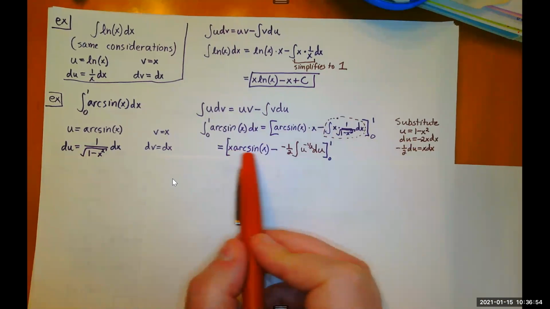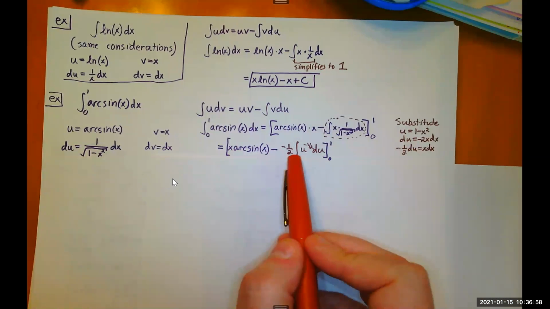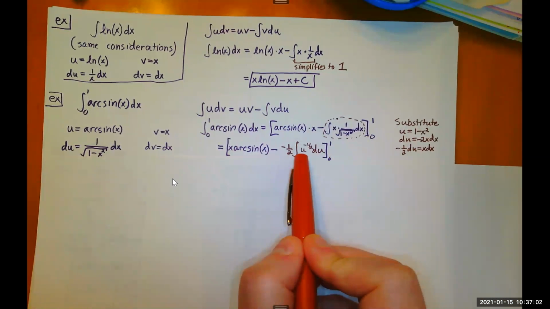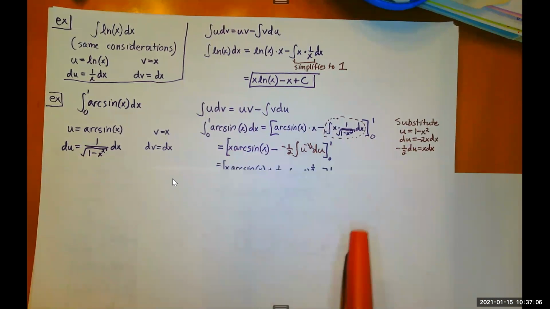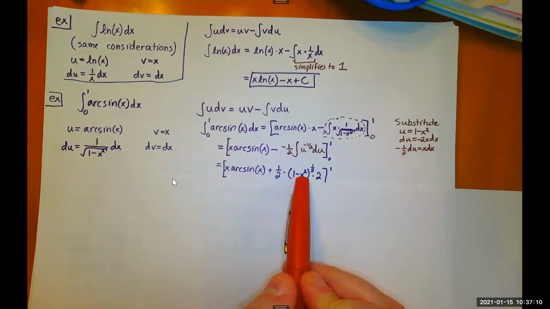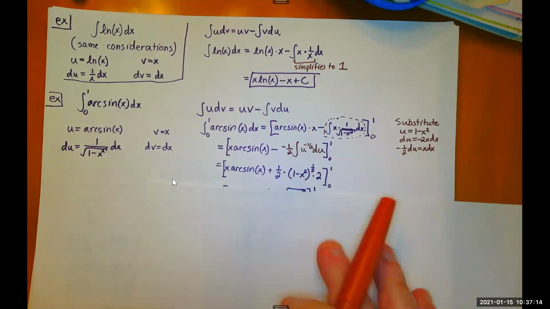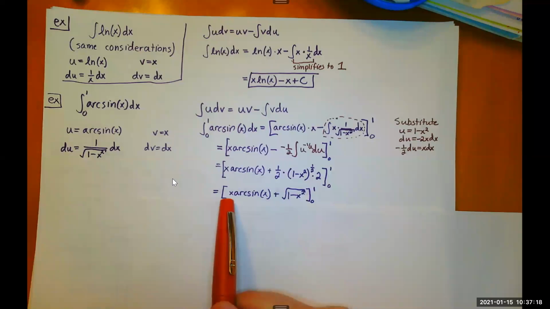So I have x arcsine of x minus the negative 1/2 antiderivative of u to the negative 1/2 du. Antiderivative of u to the negative 1/2 is u to the positive 1/2 times 2. Substituting x back in for u, 1 minus x squared. Simplifying 1/2 times 2 and the double negative gives me this.